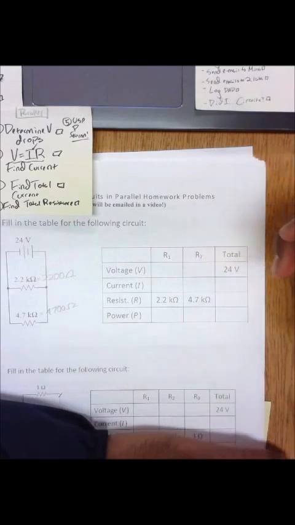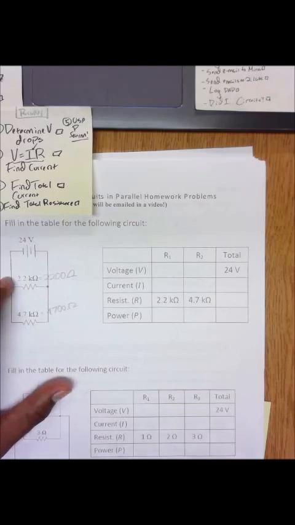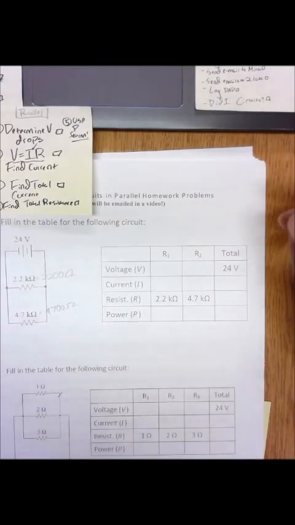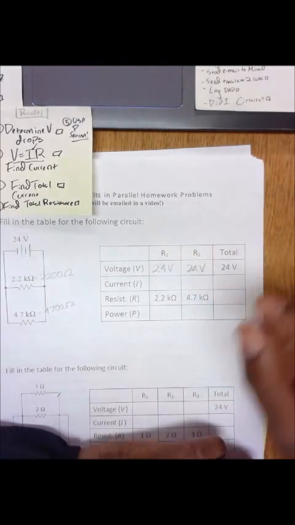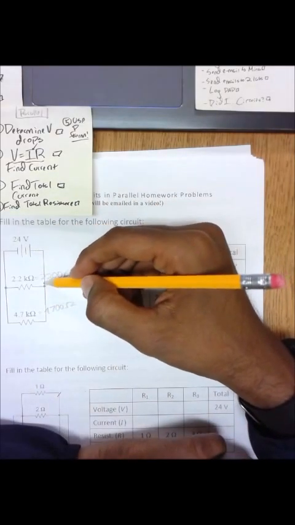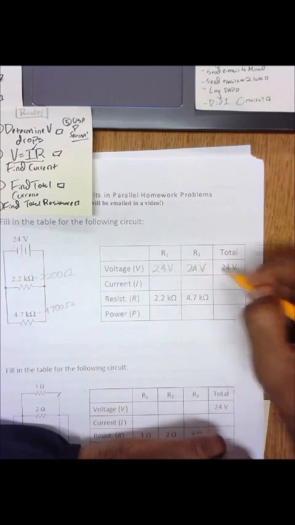So if there's 24 volts of electrical potential on this side, there has to be a drop of 24 volts on this side as well. So for both of these, the voltage drop is the same.